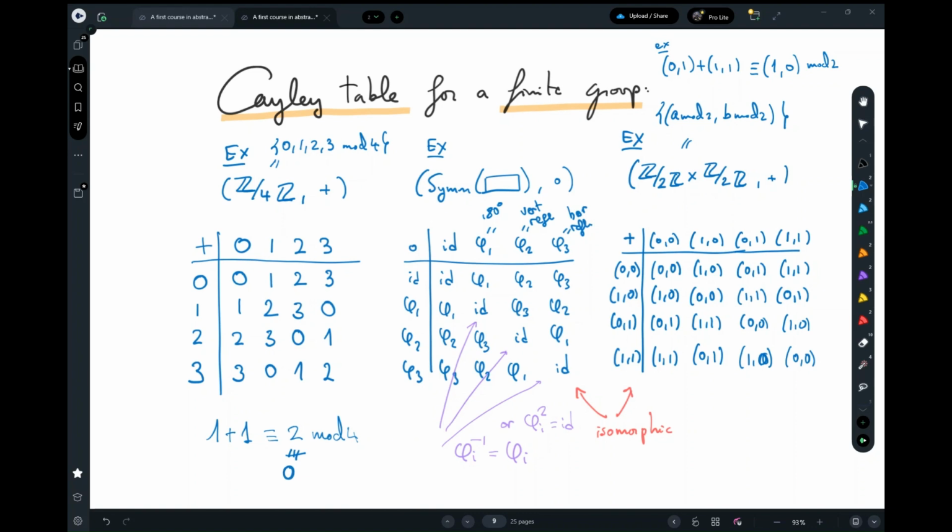So 1 is not its own inverse. And one property that we see in these two other groups is that every element is its own inverse every time. But the fact that 1 is not its own inverse means that this group cannot be isomorphic to these two. So this one is non-isomorphic to the other two.